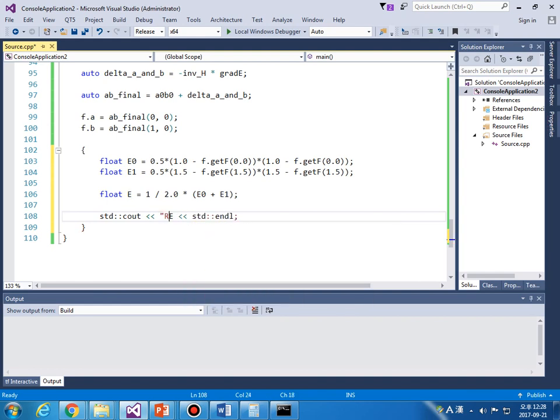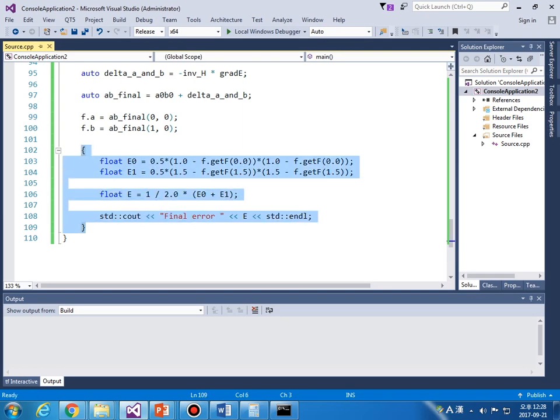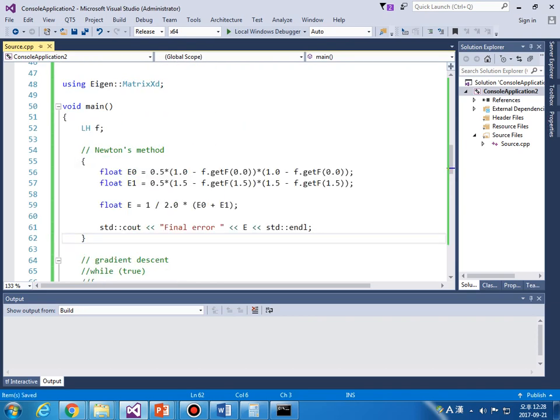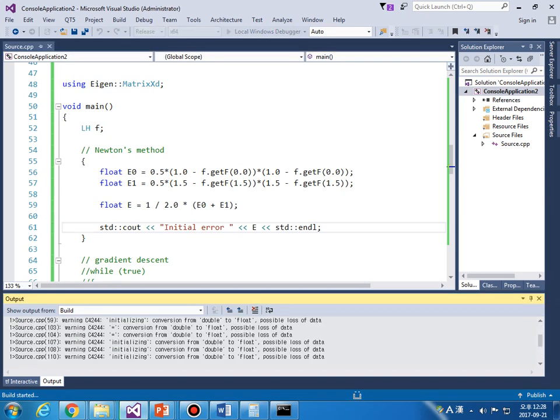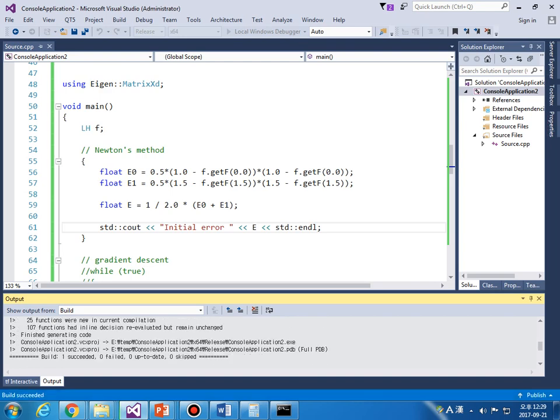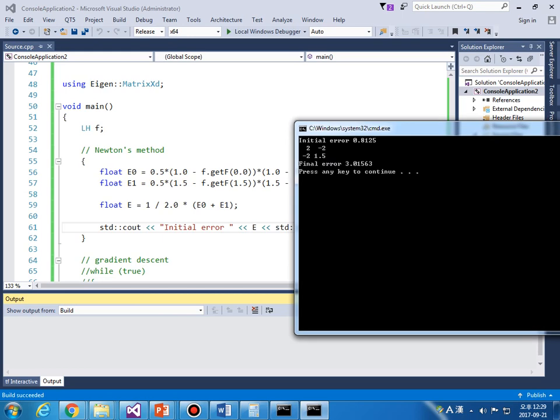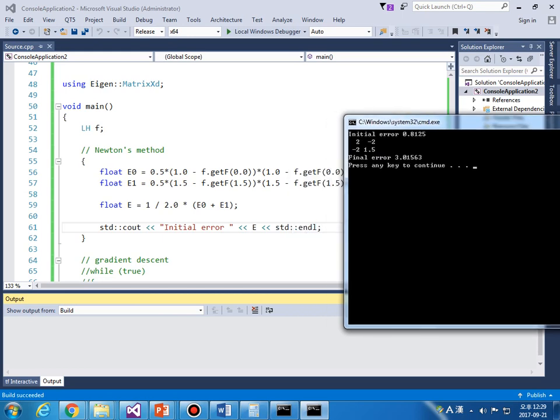Okay, this is final error. And this is the initial error. Okay. 에러도 커졌네. 어디가 틀렸나 보다. Okay, let's double check the code.